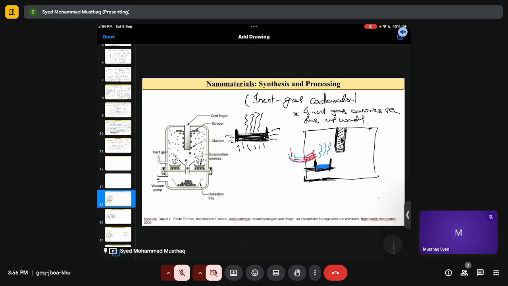What does that do? Whatever vapor particles are there, they condense here.